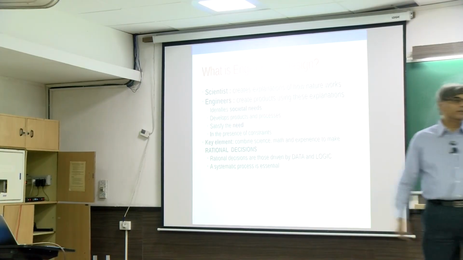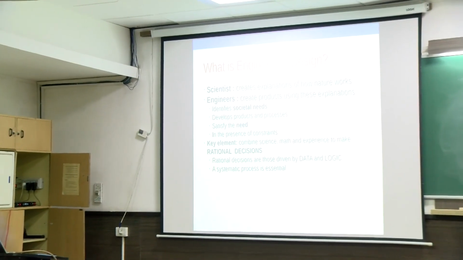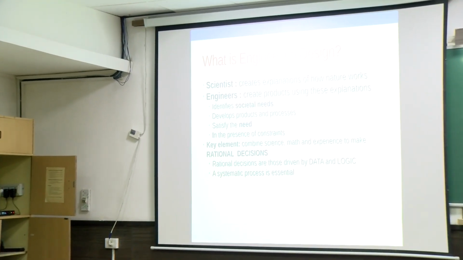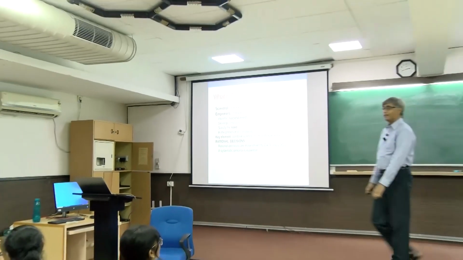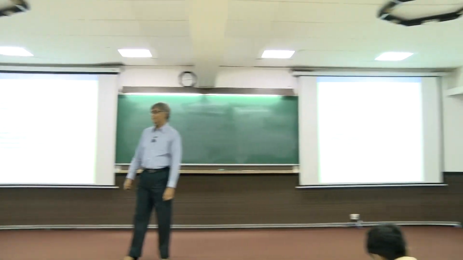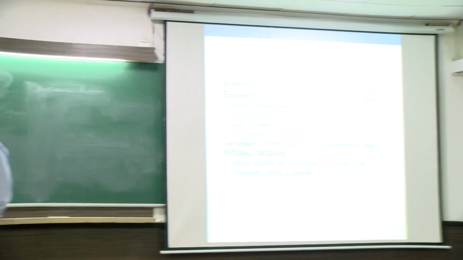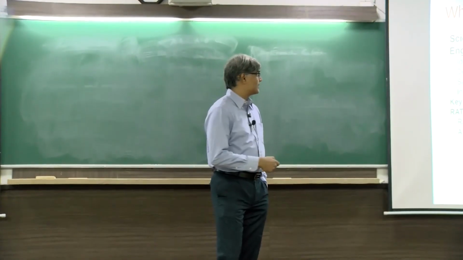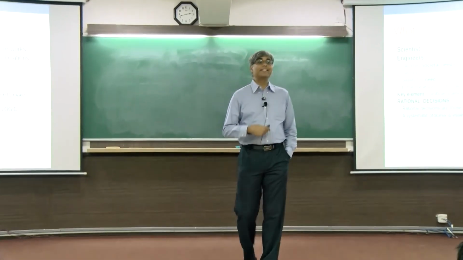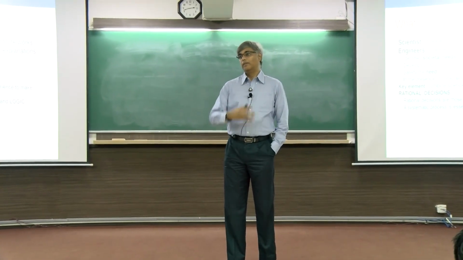So now we'll go forward and I'll explain what is engineering design. Questions? No. So what is engineering design? First, basically a scientist is a person who creates explanations of how nature works. That is where you all are right now.